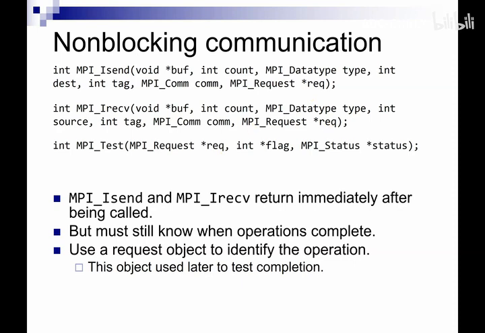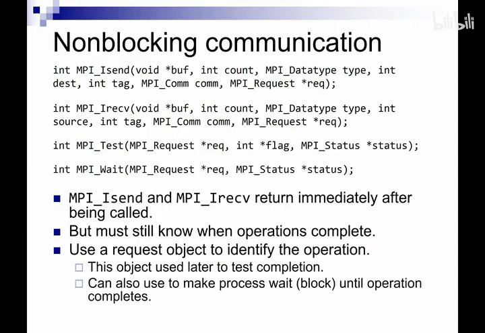Later on, to see whether this send or receive has finished, I call MPI test with that request. And then I can also wait. Maybe I need to keep waiting until this send or receive has finished. Here I can call MPI wait using the MPI request, and this is going to make the process wait until the send or receive has successfully copied over the data.